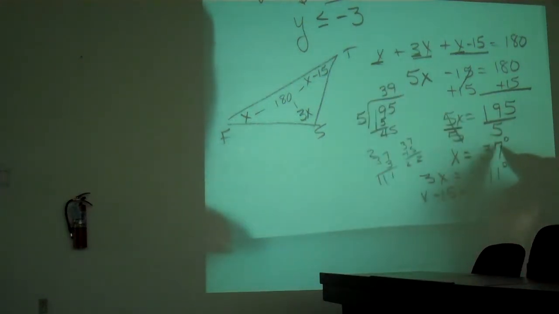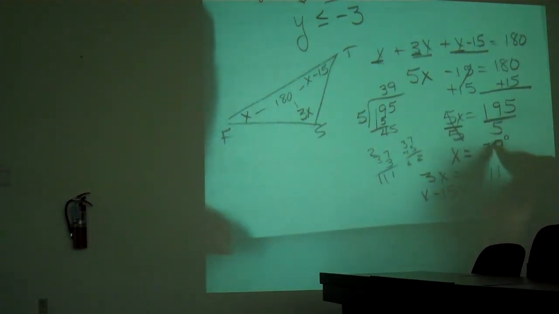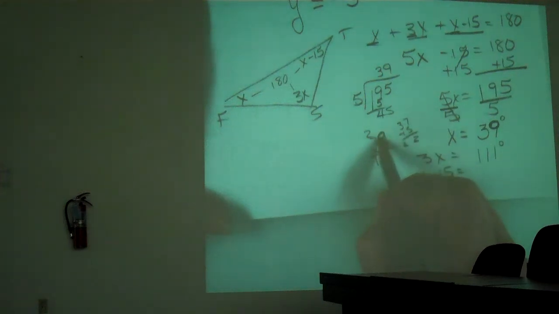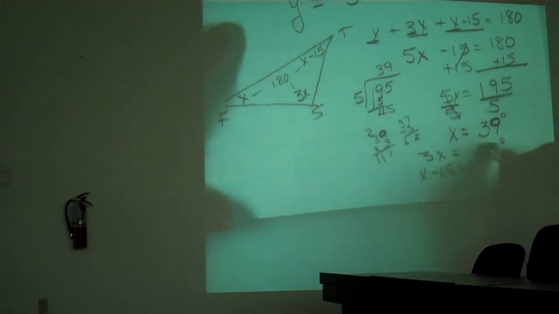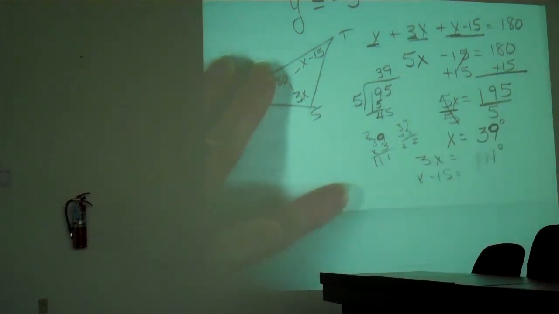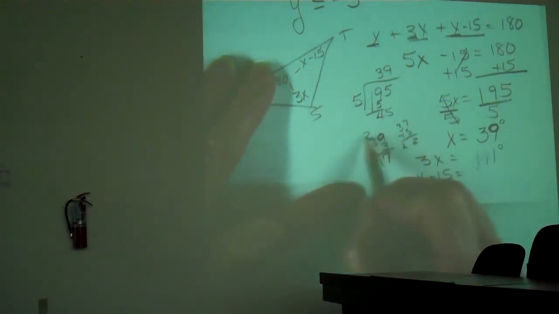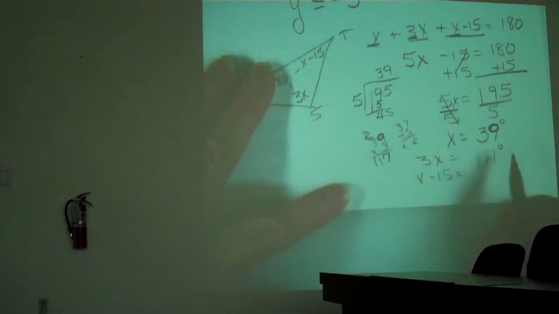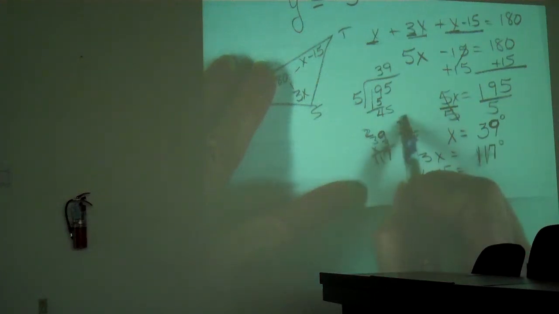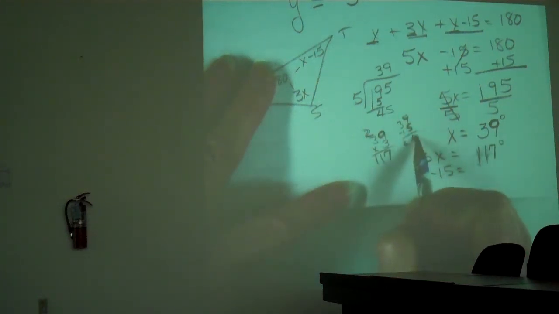Yes, 39. Thank you. So 39, 3 times 39 will be a different number here. 9 times 3 is 27. Okay, so just the last number is different. 117. And then 39 minus 15, 24.